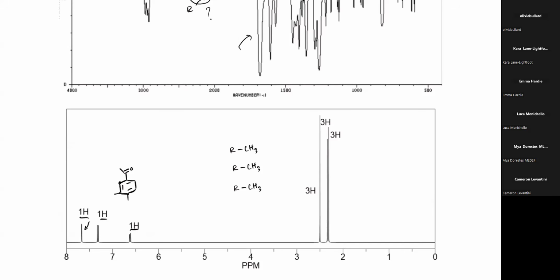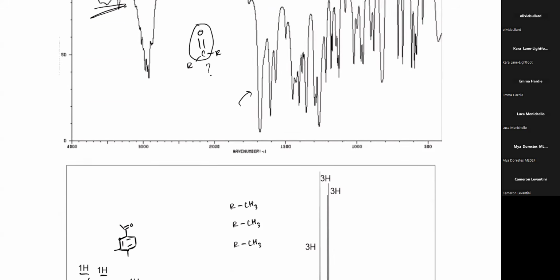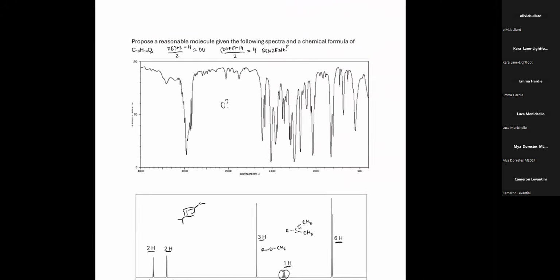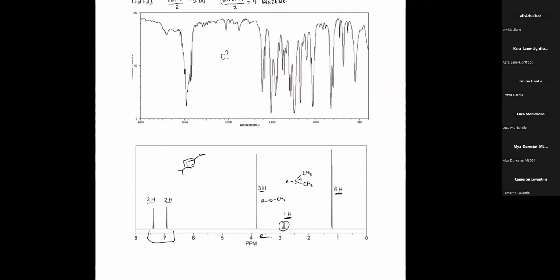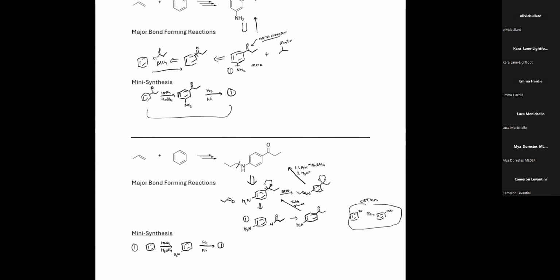So look at 3, 6, 9, and start building fragments from there. If I have oxygen in my molecule, can I use an IR and other deductive reasoning to figure out if this is going to be an OH or a carbonyl or whatever? That's kind of what I'm thinking with spectroscopy. That's where my mind is going in terms of what I think is important and how I'll test you on it.